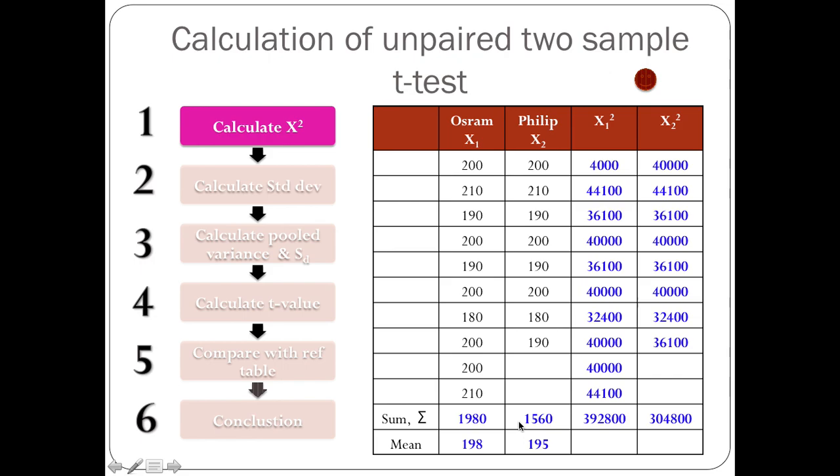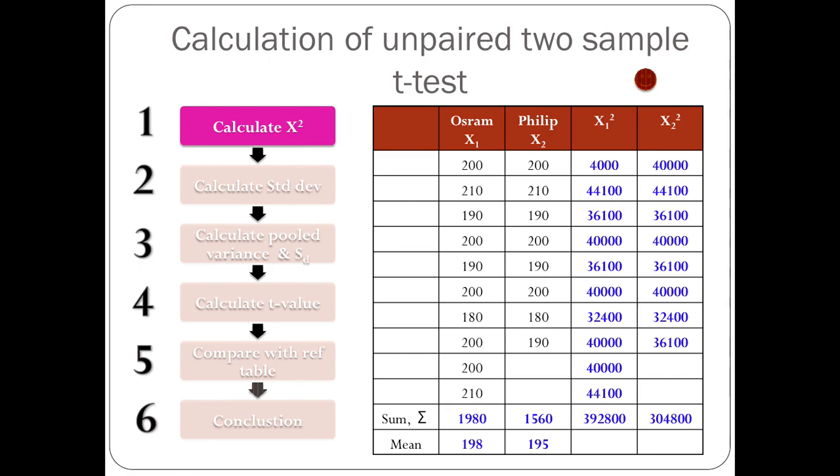For Philips, the sum is 1560. How do you get the mean? It will be 1560 divided by the sample size, which is 8. 1560 divided by 8, you obtain 195. Okay, so it's quite clear and simple for this step.